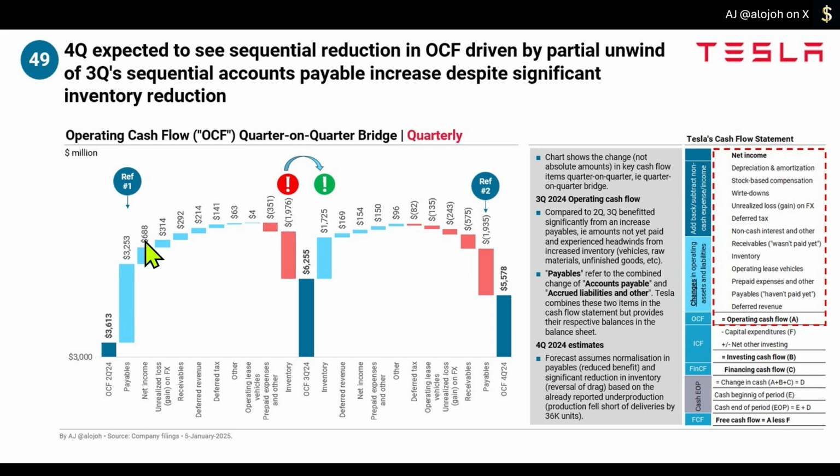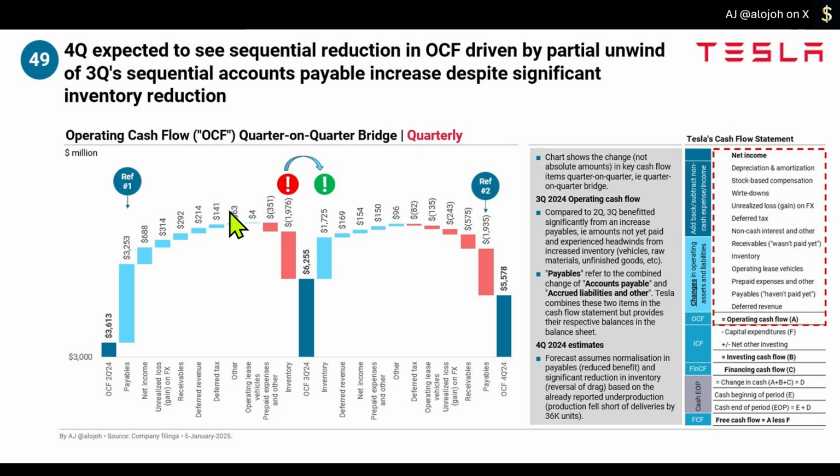And you can see that, for example, when we moved from 2Q to 3Q, where we had this very high operating cash flow, payables were by far the biggest driver. Net income added a fraction of the increase. Then you have a bunch of other items that are not that huge a needle mover.